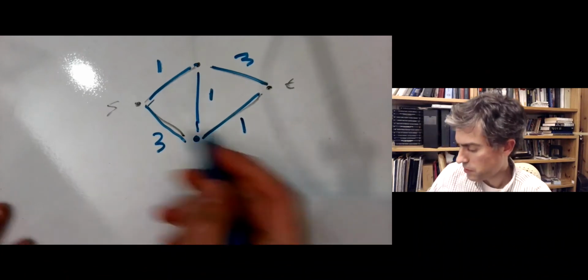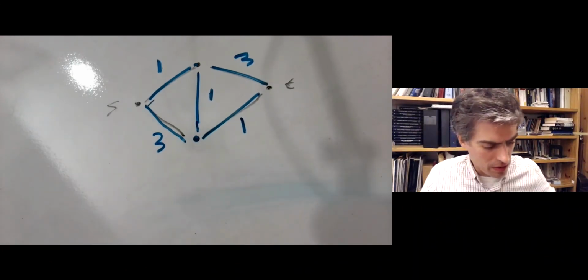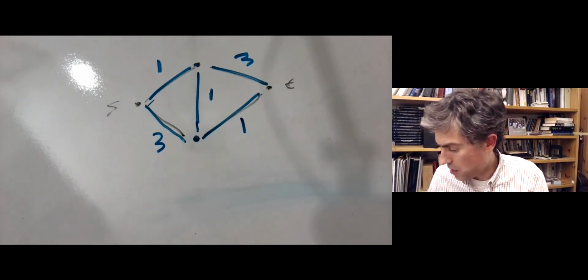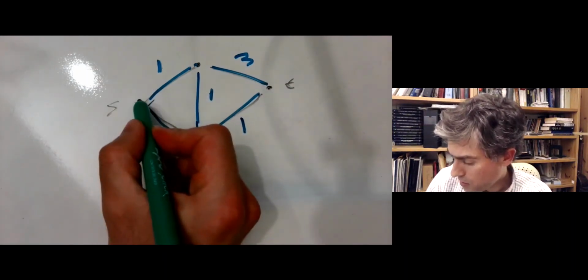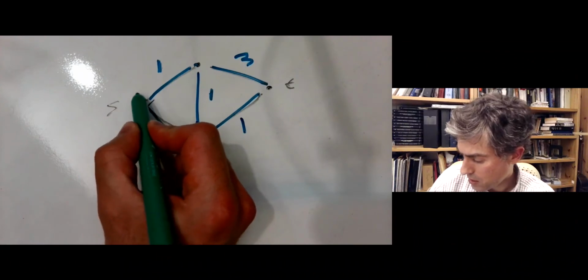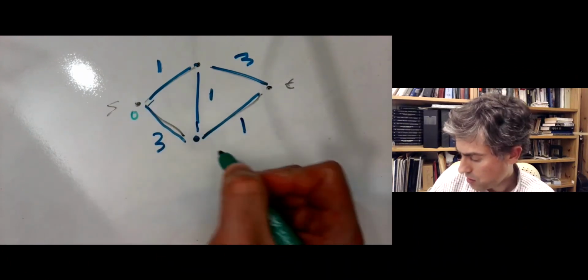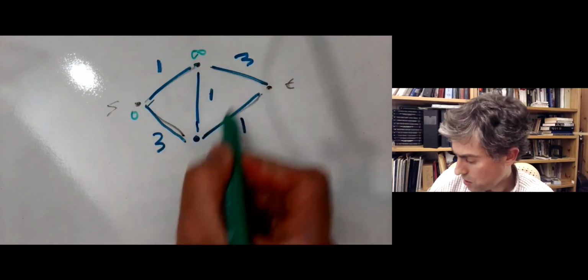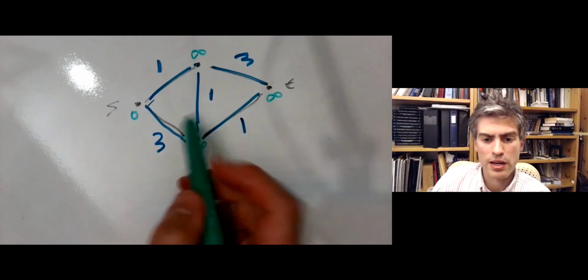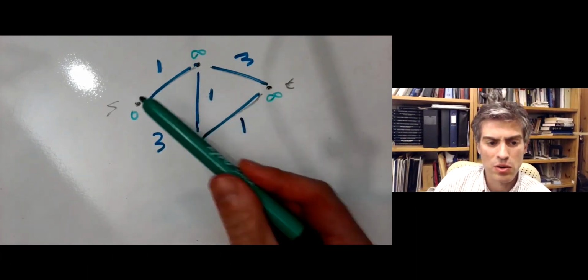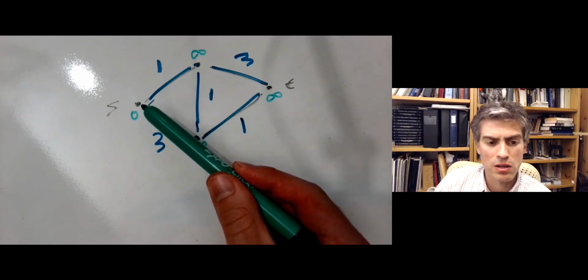Initially, I'm going to use this green color to show how we initialize the distance vector, and I'm going to mark it on the nodes. So the distance from S to S is 0 initially, and for all the others it is infinity. So I know that with a path of length 0, I can get to this node at cost 0.